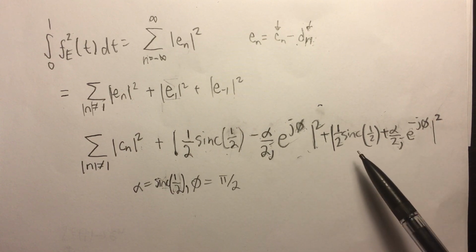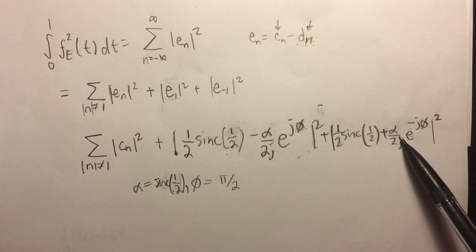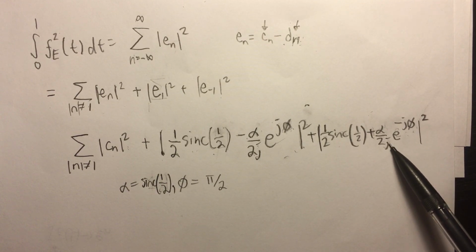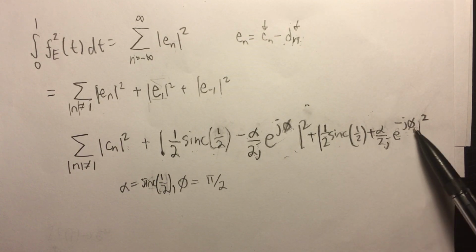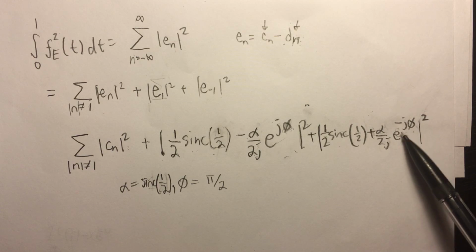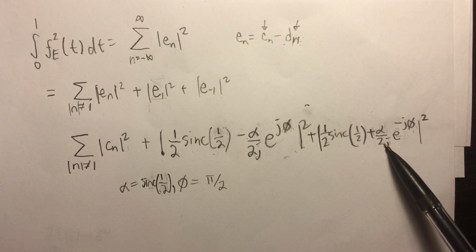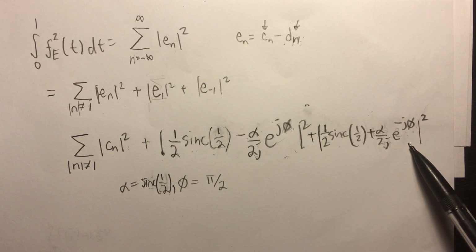Similarly, for the second term, we have phi equals pi over 2, so this numerator and denominator, the j minus j and j give you a -1. Then we have alpha over 2, which is sinc 1/2 over 2, so this term is also equal to 0.